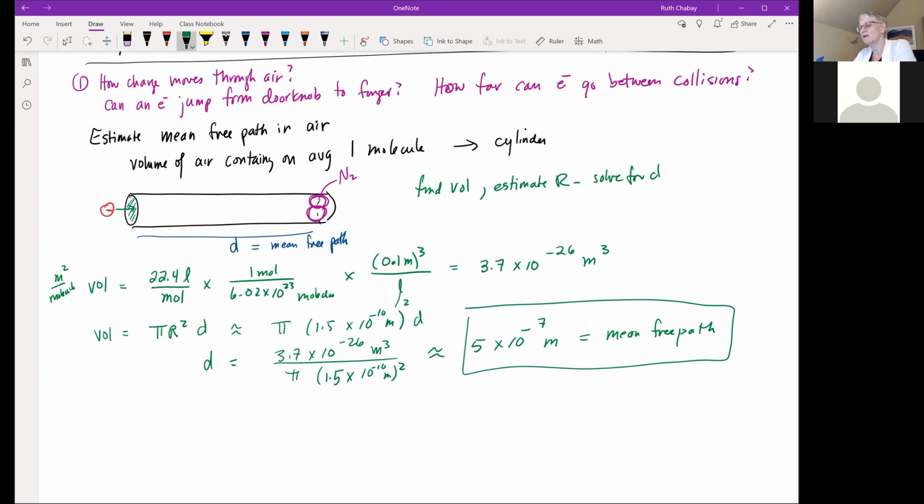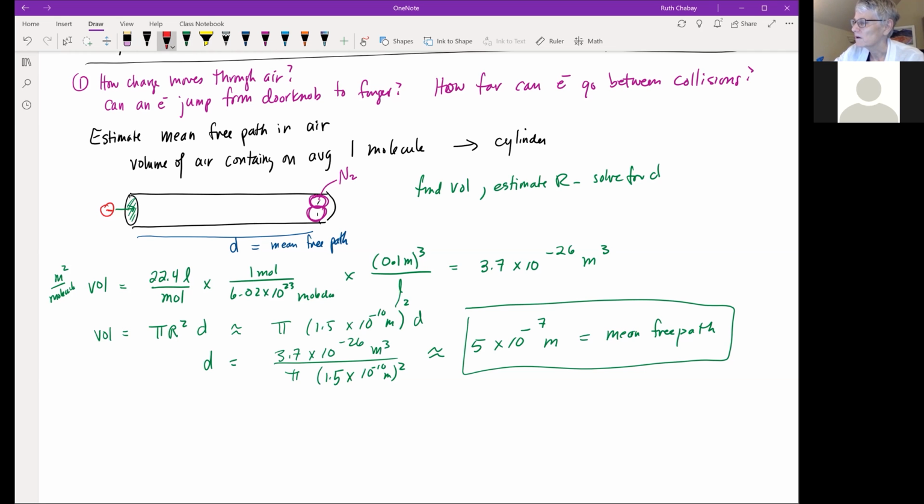But the bottom line is that a particle in air, like an electron, can only travel about 5 times 10 to the minus 7 meters, so less than a micrometer, before it collides with an air molecule. And so an electron just isn't going to be able to jump from the doorknob to your finger.